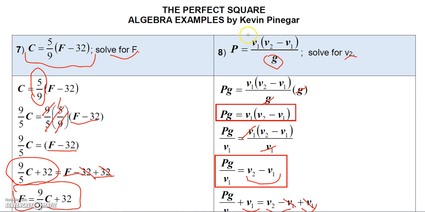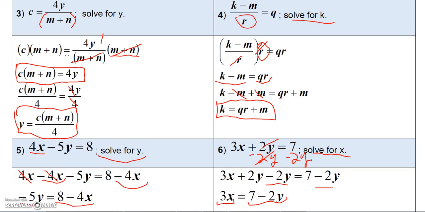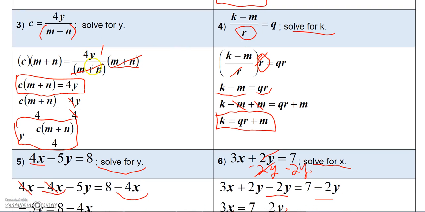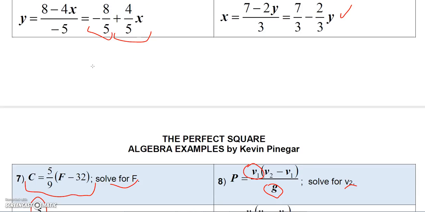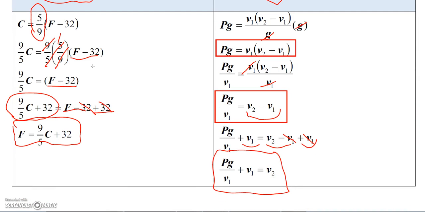For instance, here I might have wanted to solve this for V1 instead of V2, or up here, instead of solving this for K, I could have wanted to solve it for M or for R. As long as you've got the formula, you can solve it for any of the variables listed in the formula.